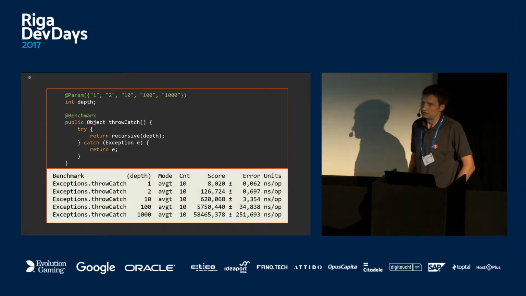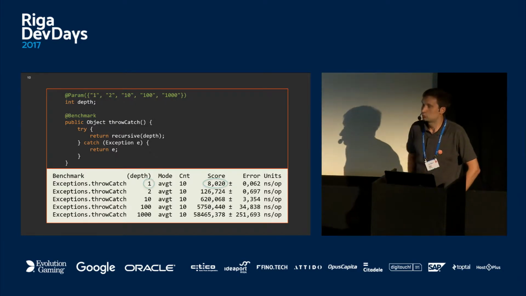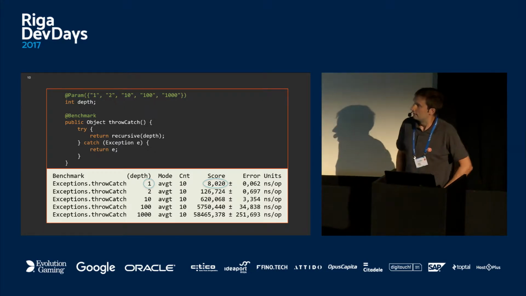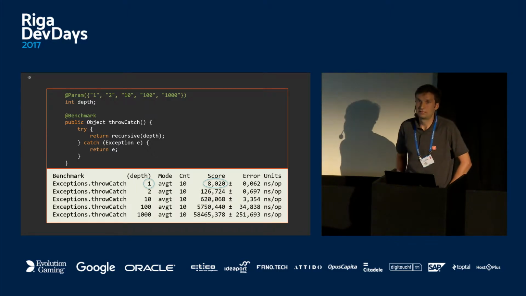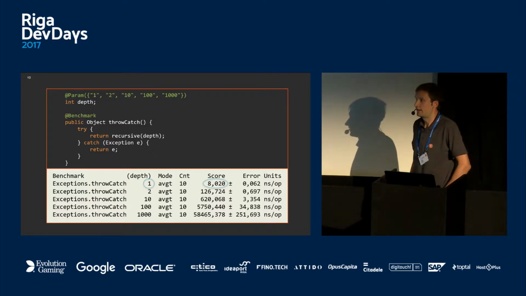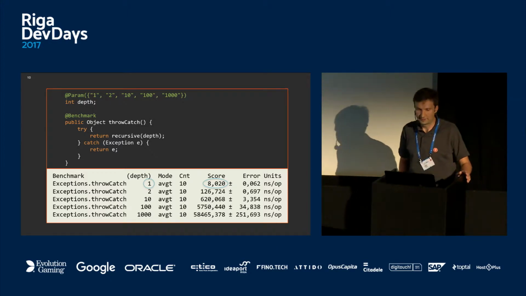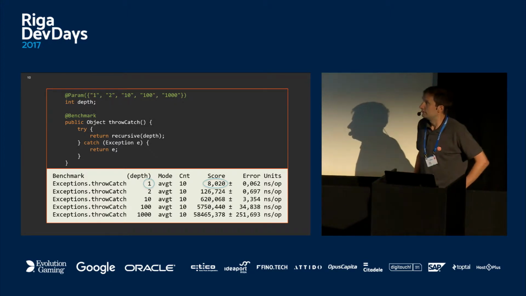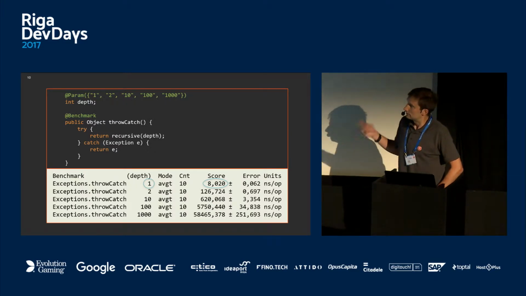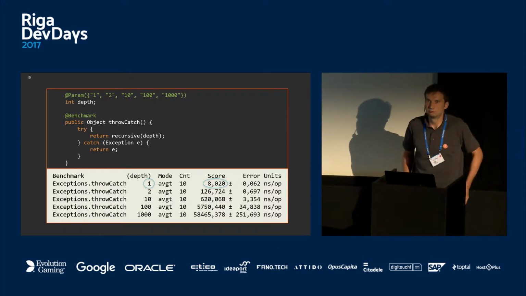Here are several interesting outcomes from the benchmark scores. First, we see that with just one method call, the try-catch basically costs nothing. It is explained by the fact that the HotSpot JVM can inline one recursive method call, and if the catch clause is in the same context as the throw, then throw will be as fast as a simple goto.